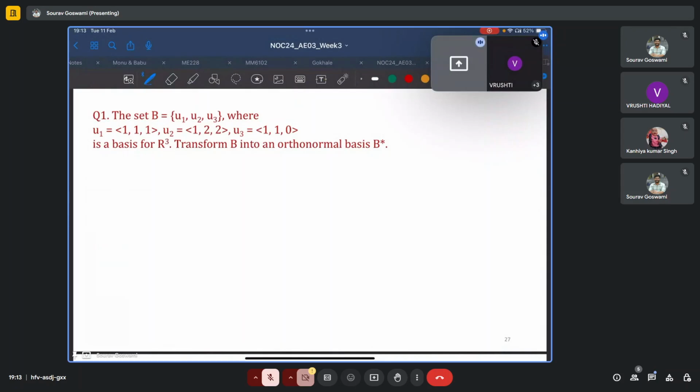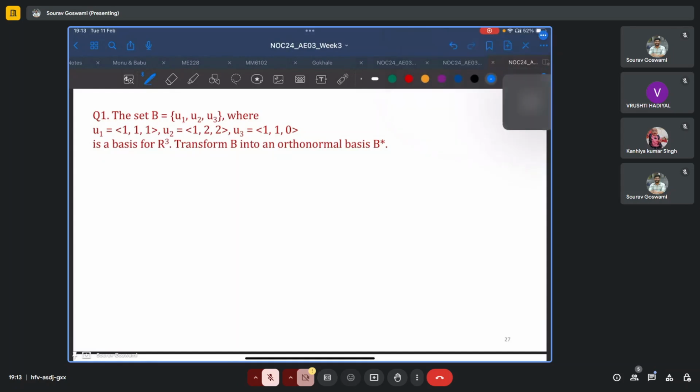So let us continue with the illustrative examples for today. The first one is actually a pending exercise from the previous week, so some of you might already have solved it at home. But for the rest of you, here we were trying to construct an orthonormal basis from a given basis set, which consisted of U1, U2, and U3.